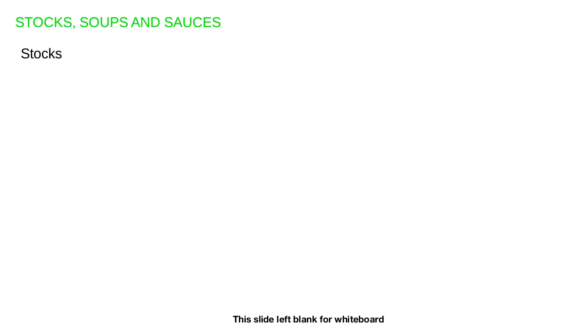A stock is a liquid which is normally used in making stews, sauces, and soups, and it's a clear liquid. It is made out of bones, or it can be made out of fresh vegetables.